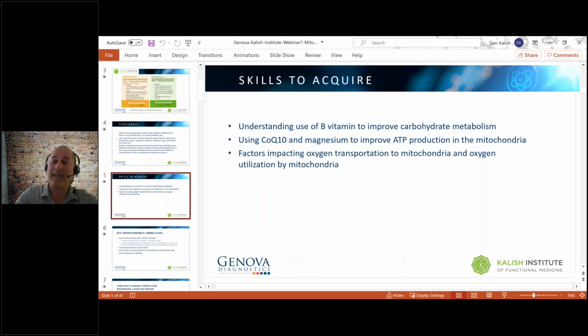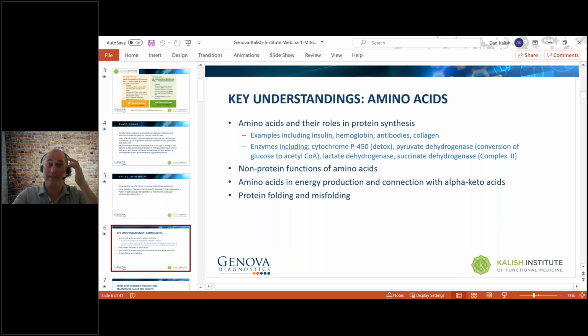And then for the citric acid cycle and energy production in those pathways, the 3 things that you just want to memorize: when someone says mitochondria, you should just think CoQ10, magnesium, and oxygen. So I say mitochondria, you think CoQ10, magnesium, and oxygen. Mitochondrial problems, I'm tired all the time, I can't lose weight: CoQ10, magnesium, and oxygen, and be able to look at the labs and understand which or all of those things the person may need.